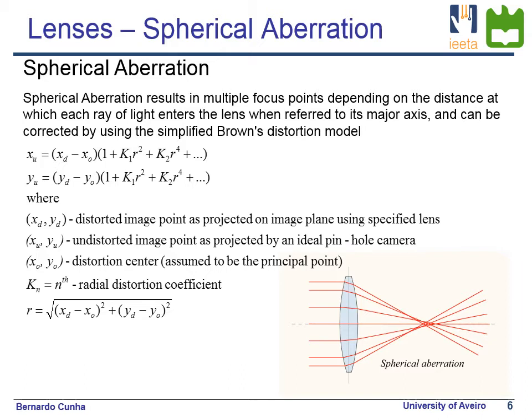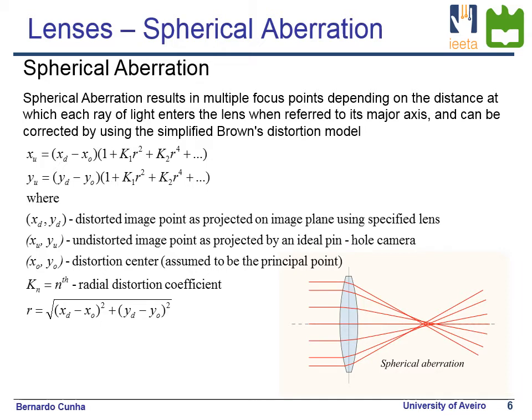One way to compensate for this is to use a previously known image that you can post-process, and based on that obtain a couple of coefficients that are here represented by K1, K2, and so on, depending on the level of this polynomial. But you can use basically these equations, which are known as the simplified Brown's distortion model.